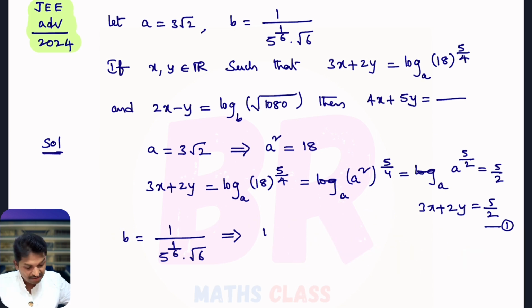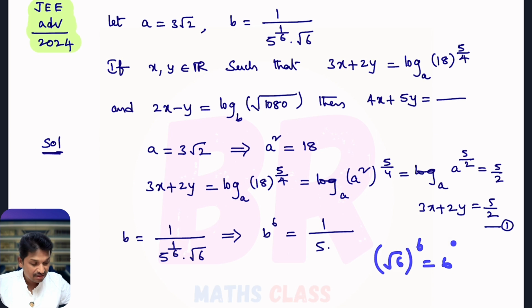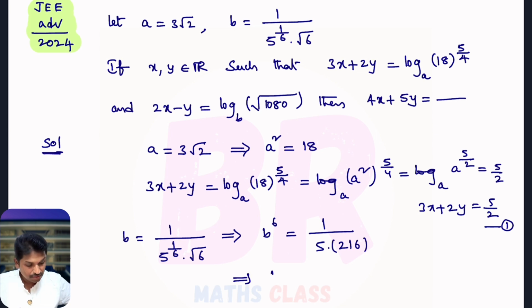So what is b power 6? b power 6 is 1 power 6 is 1 only. 5 power 1 by 6 whole power 6 is 5. Root 6 whole power 6 is 6 power 6 by 2, that is 6 power 3. 6 power 3 is what? 216. You observe here b power 6 is 1 divided by 1080.